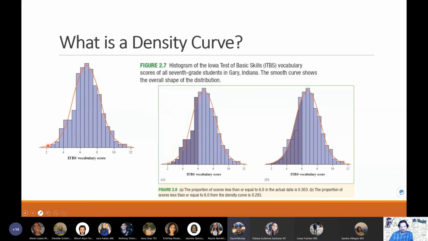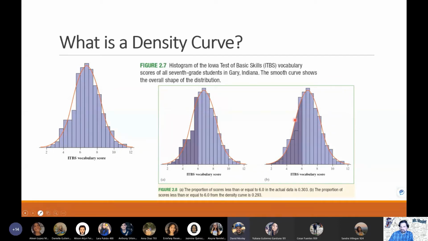So this curve that's going up and over our distribution here is the density curve. Notice that it is not above all of the histogram bars. It's close, it cuts some of them off, it's above some of the other ones. But this would be our density curve.